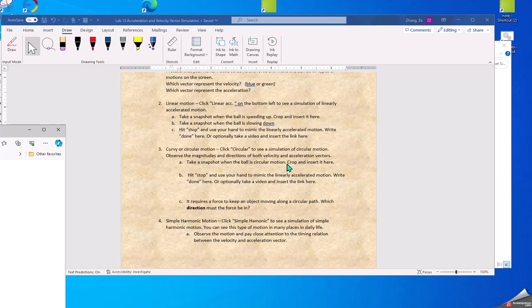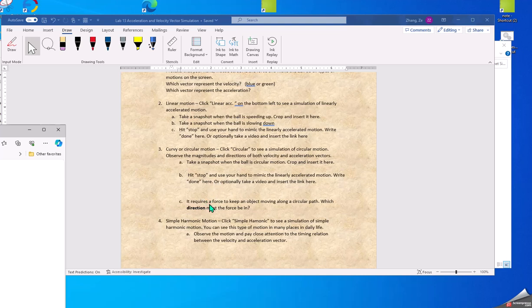You will see that the velocity and the acceleration are in different directions. In fact, the acceleration is towards the center of the motion, while the velocity is along the tangential line. Hit stop and make this by hand. Optional, take a video if you can, insert here. If you don't want to, at least take a snapshot.